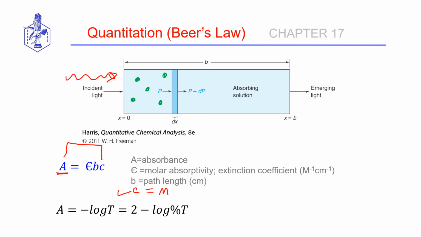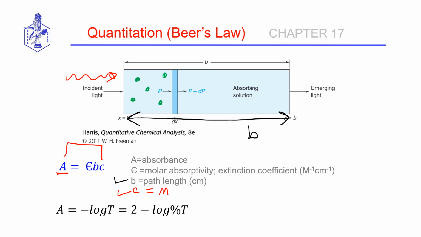It's going to depend on the path length. Obviously b here is the path length of my cuvette in centimeters. And so the absorbance is going to be proportional to concentration. It's going to be proportional to the path length.